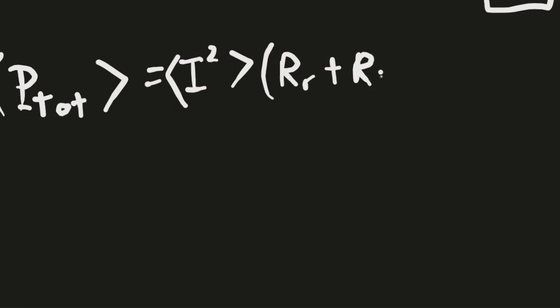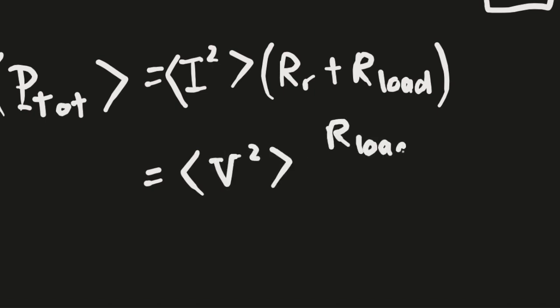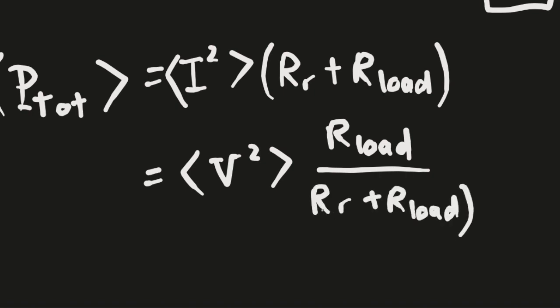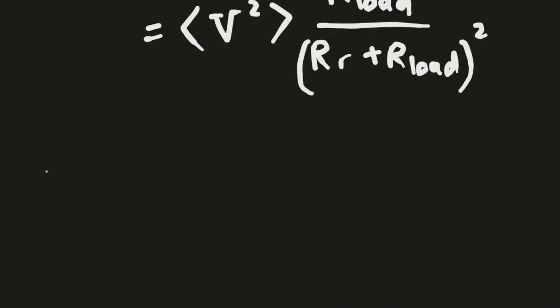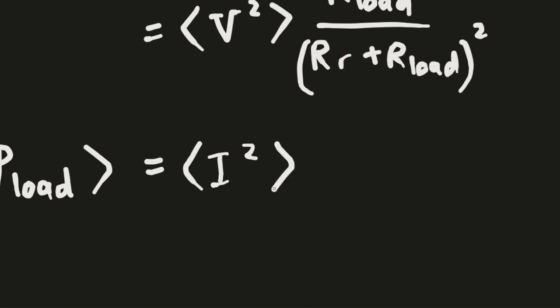So the total power I'll absorb from the EM wave is I² times (R_rad plus R_load), and it's also V squared over that. And the power I deliver to my load is this, and you can rewrite it in that form, but I'm not going to.